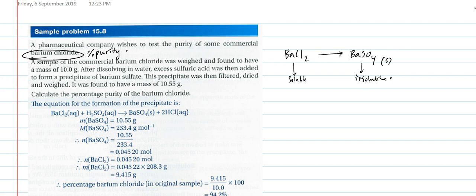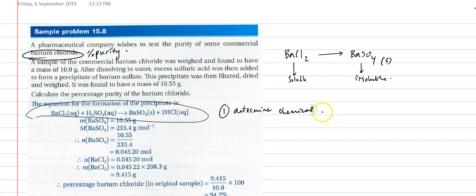So with these kinds of problems, the first thing you always have to do is work out an equation if you're not given one. Okay, so step one is to determine this chemical equation. The reason why you need to determine a chemical equation is so that you can work out the mole ratios of the different substances with each other.